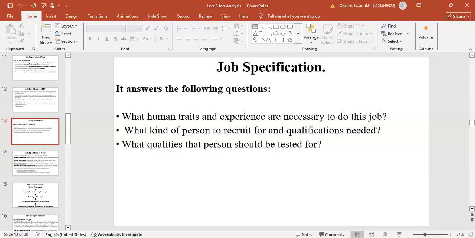Two, it answers the question of what knowledge, what abilities, what skills am I supposed to have to perform a job. Three, it answers the question of what kind of recruitment we are needed for.